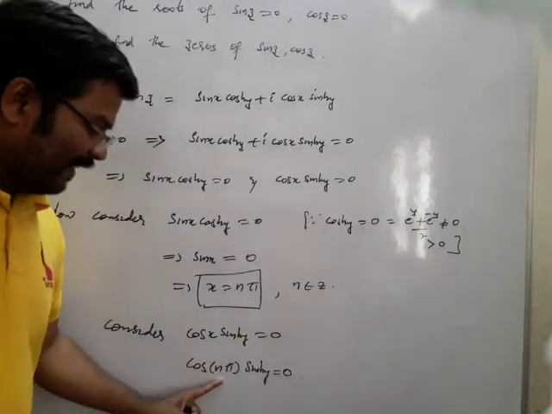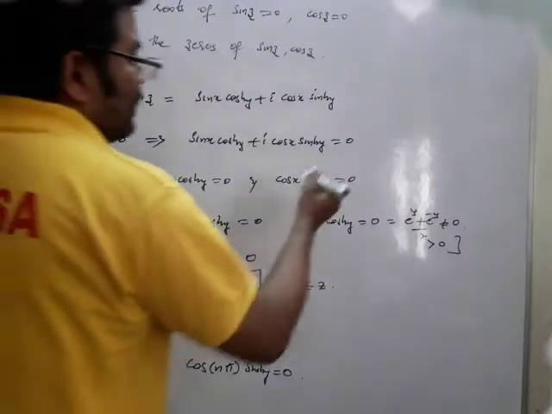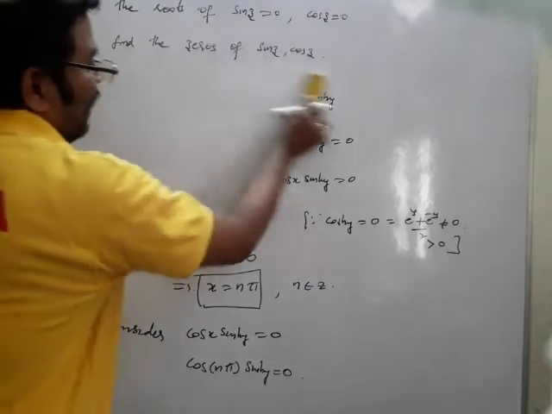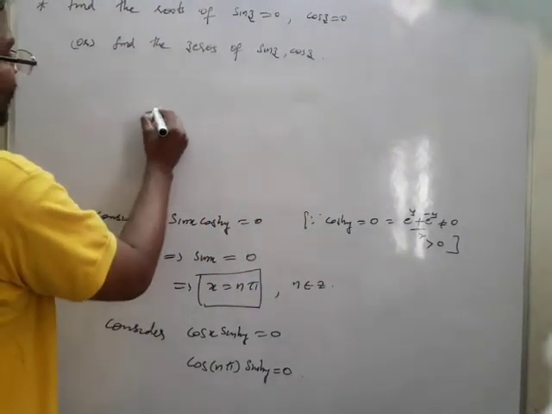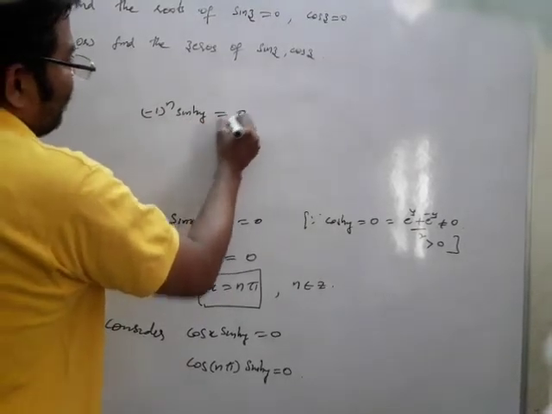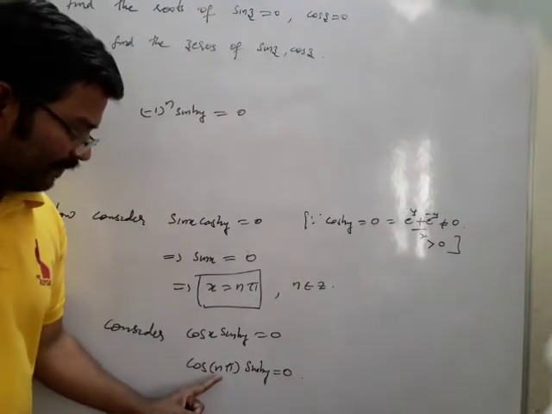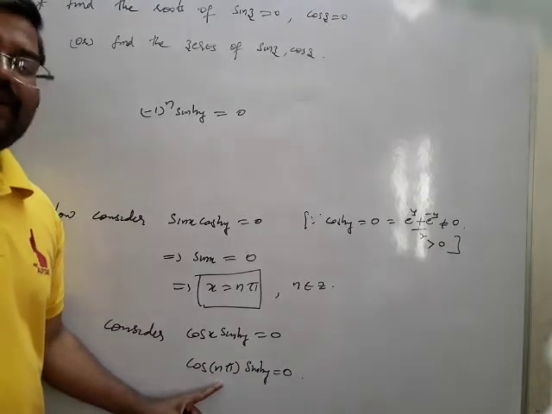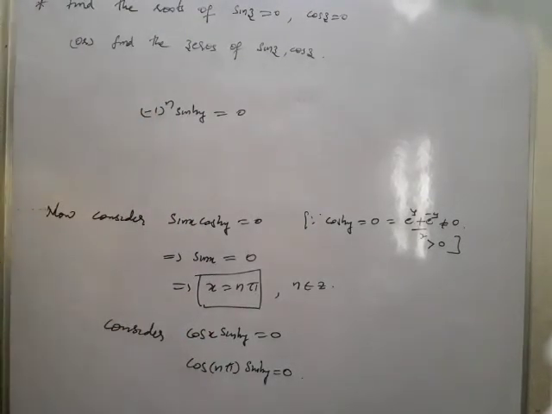So cos n pi means minus 1 whole power n. So I write minus 1 whole power n sin hy equal to 0. If n is odd you will get minus 1, and if n is even you will get 1. So the value depends upon n.